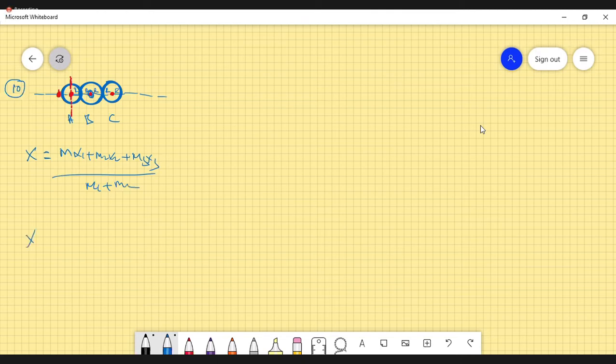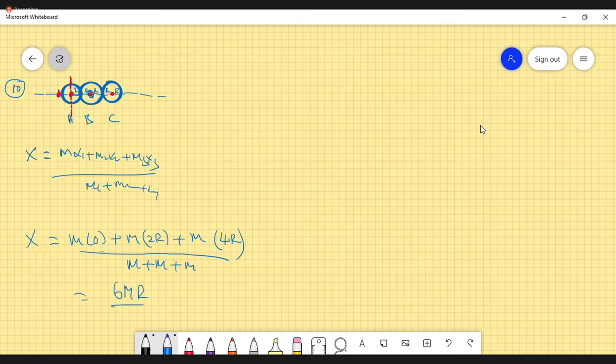According to that, M1 is mass M into 0, plus M into 2R, plus M into 4R, divided by M plus M plus M, the 3 masses. That is 6MR by 3M, which equals 2R.